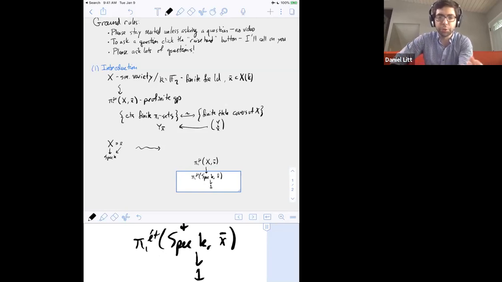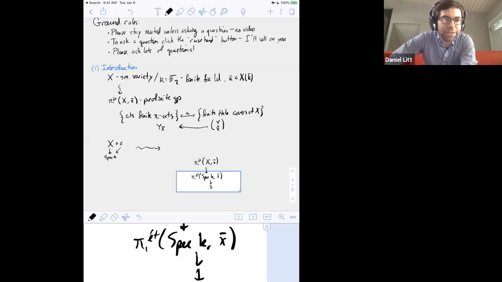Okay, so let's figure out what this pi1 of the point is. Well, it's a group which classifies finite étale covers of the point, so finite separable extensions of K. So does anyone in the audience want to type into chat what they think such a thing might be? So what's a group which classifies finite separable extensions of a field? My hint is to think about the fundamental theorem of Galois theory.